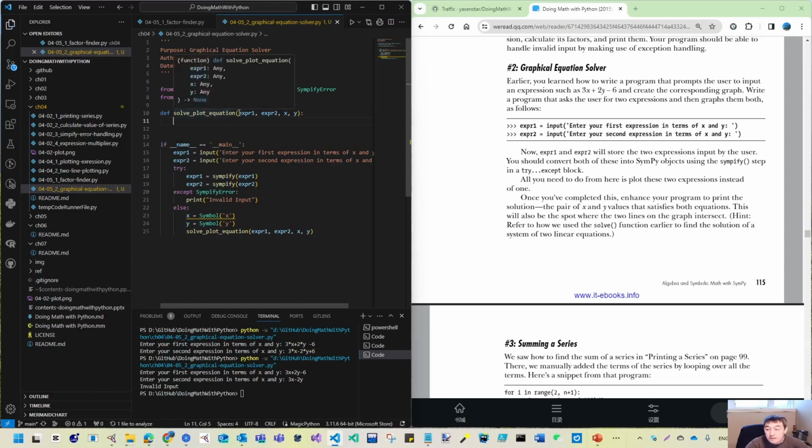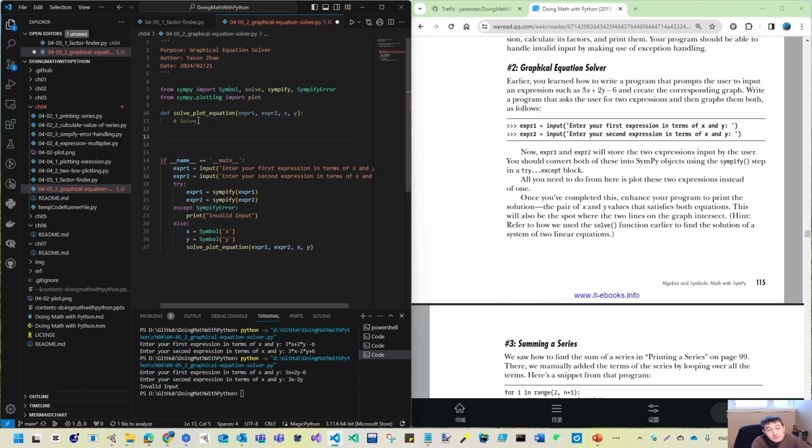So we have this one, and then the symbols. Let's see why this has errors. No. So first let's do the solve, and second let's do the plotting. We will do this step by step.